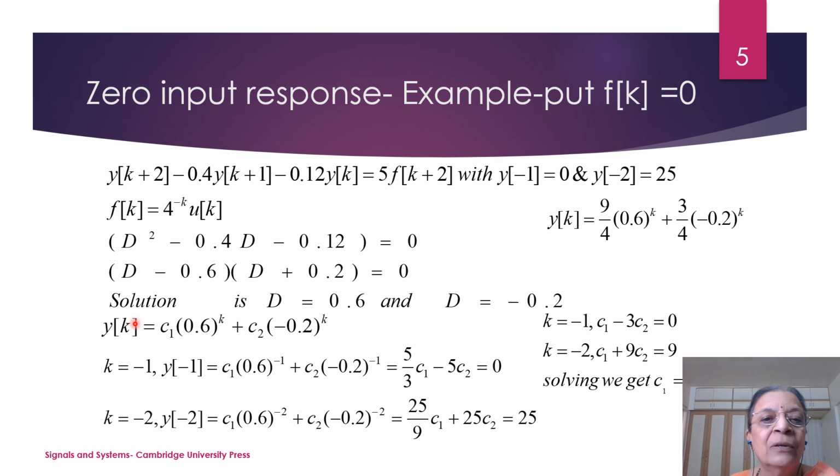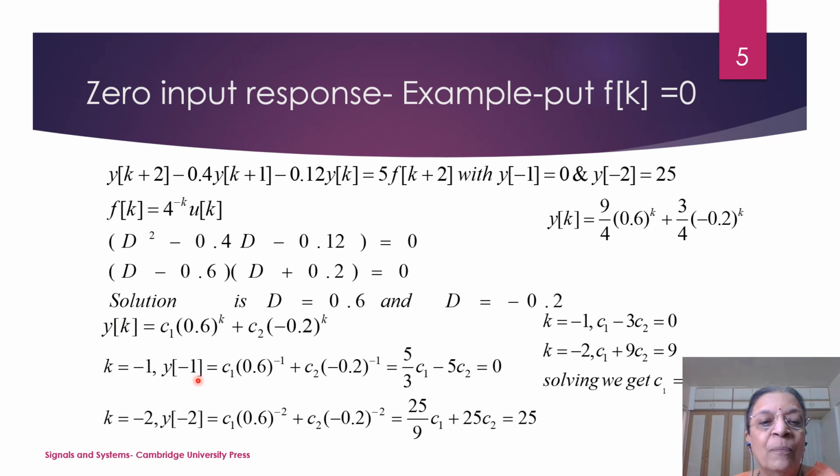So I can write y of k, that is the generalized solution, as some constant c1 into 0.6 raised to k plus c2 into minus 0.2 raised to k. Now I have to put the initial conditions, y of minus 1 equal to 0, y of minus 2 equal to 25. So put k equal to minus 1.